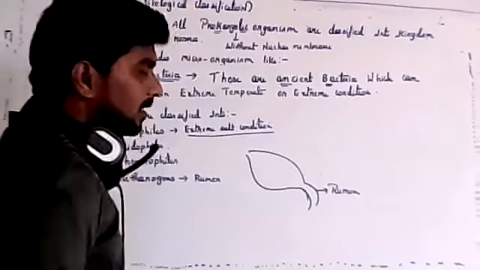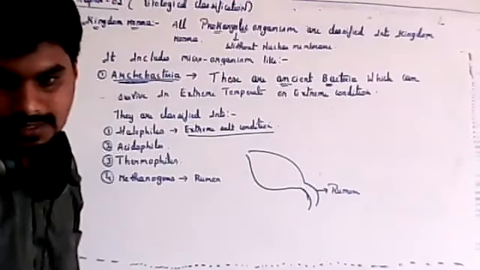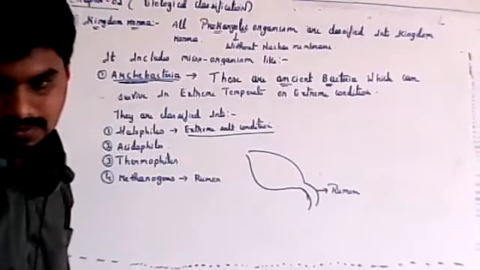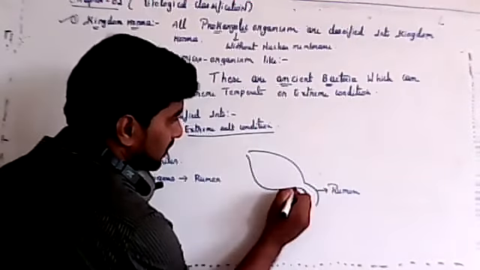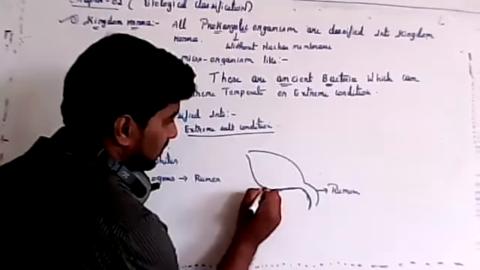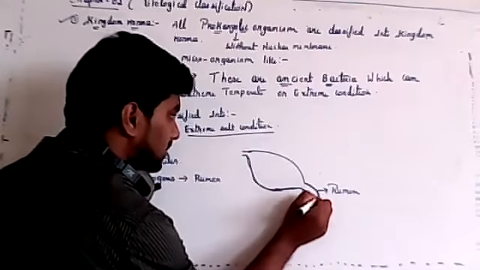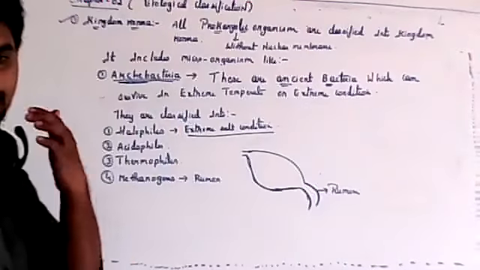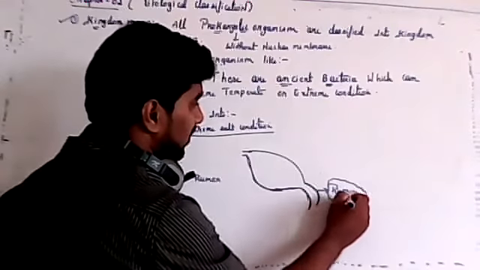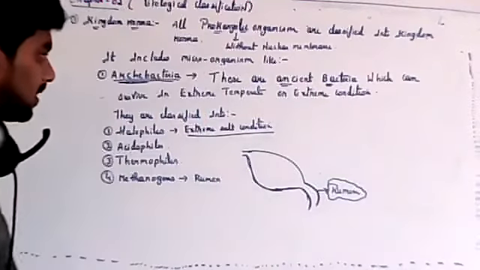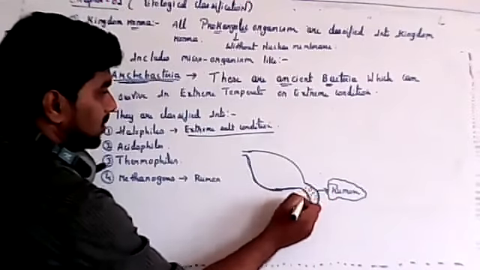Some archaebacteria survive inside the rumen, and they produce methane.